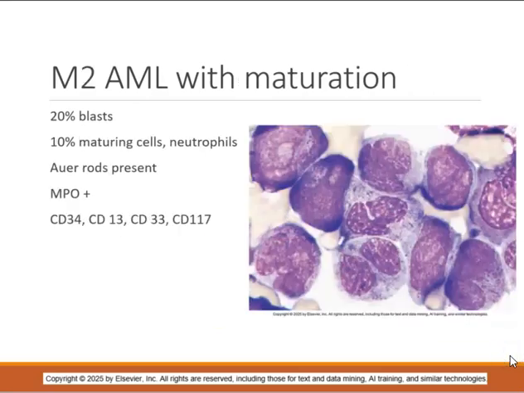So now M2 has maturation to it. We still have the 20% blast, but now about 10% of the cells are starting to mature. You can see there's some segs and bands and metas, myelos, all that kind of stuff, in addition to the blasts that are in there. But again, remember, these are not normal cells. These are leukemic cells, so they don't look like normal cells you normally see.